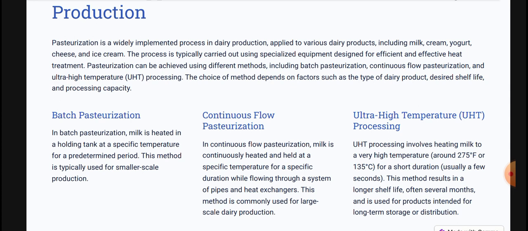Another one is continuous flow pasteurization. As the name implies, in continuous flow pasteurization, milk is continuously heated, right? See the difference. Batch pasteurization is limited to a fixed volume of milk, right? But here the milk is continuously heated and held at a specific temperature for a specific duration while flowing through a system of pipes.